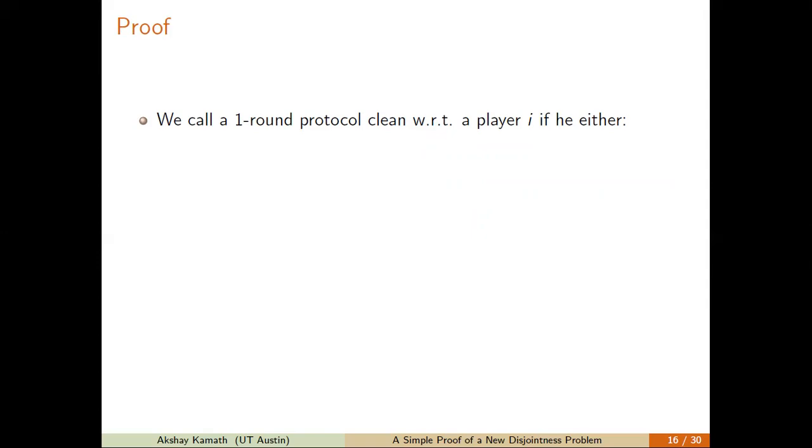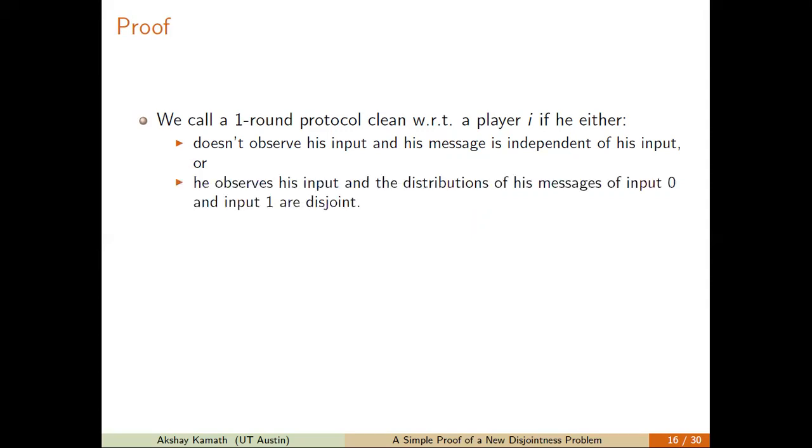a one-round protocol clean with respect to a player I if either the player doesn't observe his input and his message is independent of his input, or the player observes his input and the distribution of his messages on input 0 is disjoint from the distribution of his messages on input 1.